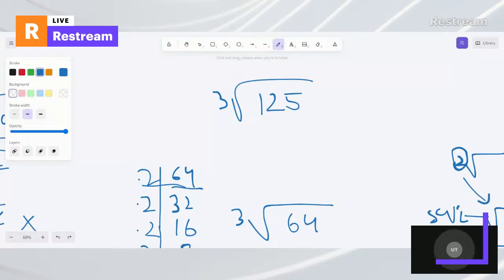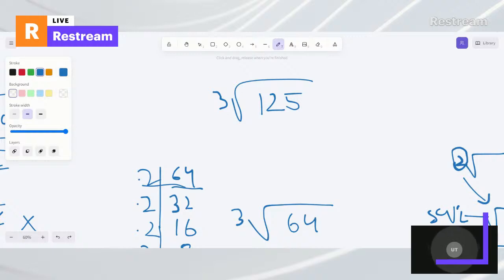What's the cube root of 125? Come on, quickly. It's the cube root of 125.